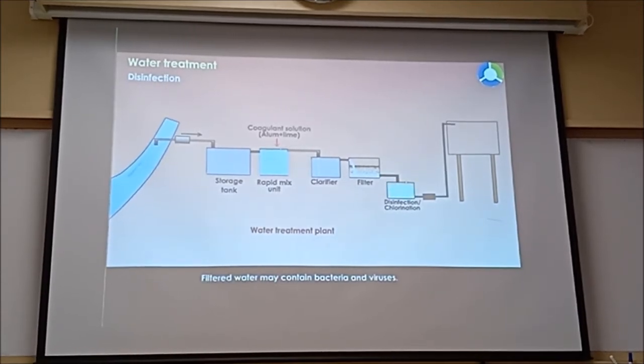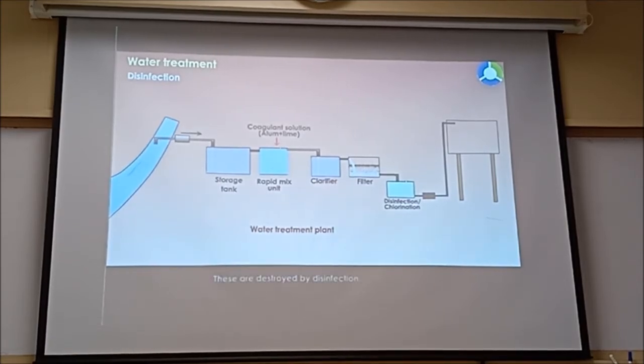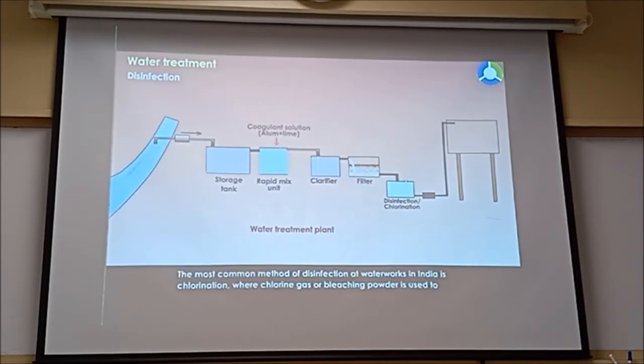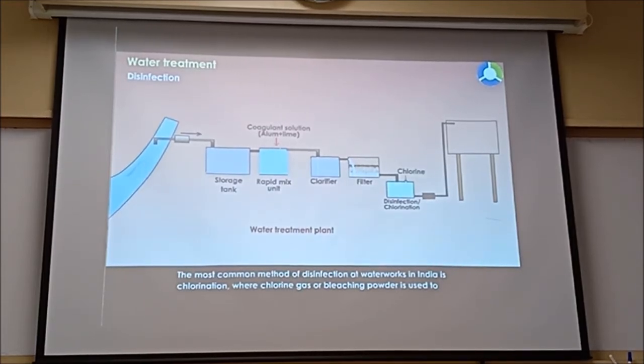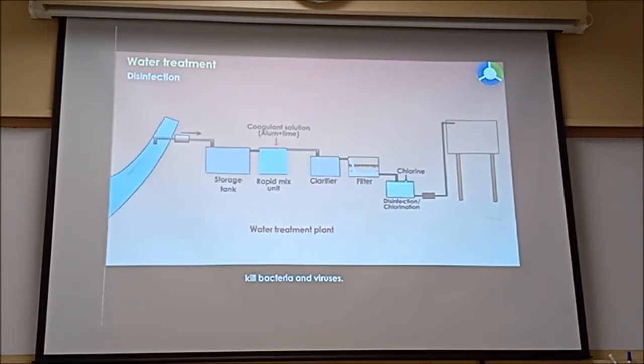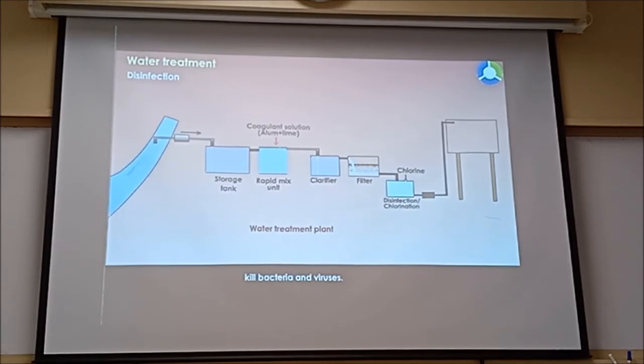Filtered water may contain bacteria and viruses. These are destroyed by disinfection. The most common method of disinfection at waterworks in India is chlorination, where chlorine gas or bleaching powder is used to kill bacteria and viruses.